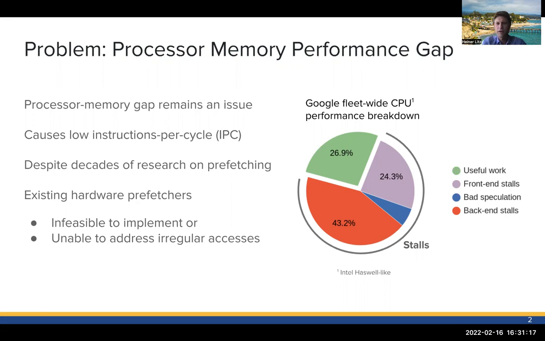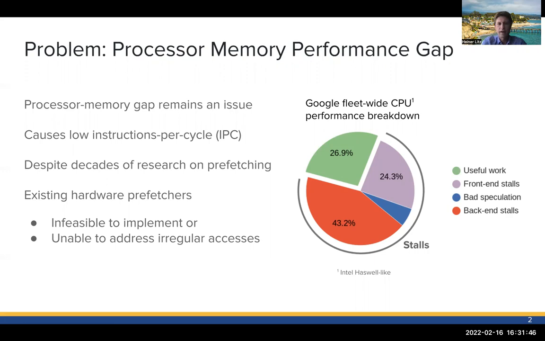For instance, Google has reported that in their fleet, processors spend roughly 43% of their cycles waiting for data to return from main memory. This causes low performance, low instructions per cycle, IPC, and despite the decades of research on caching and prefetching, this problem hasn't been solved satisfactorily.